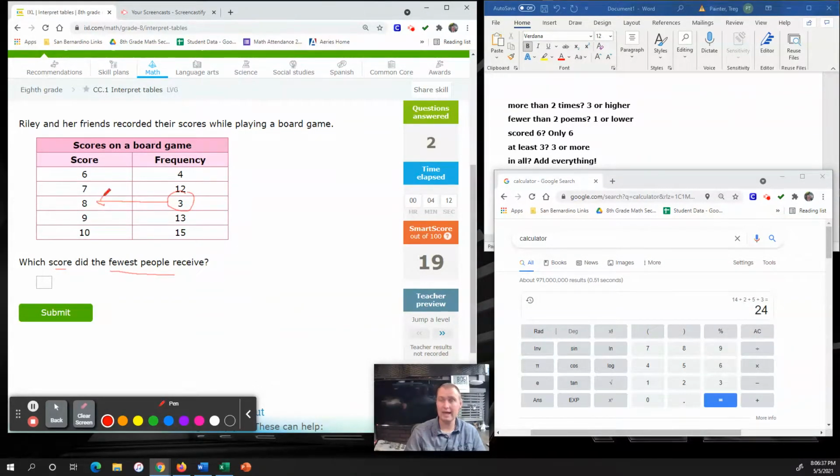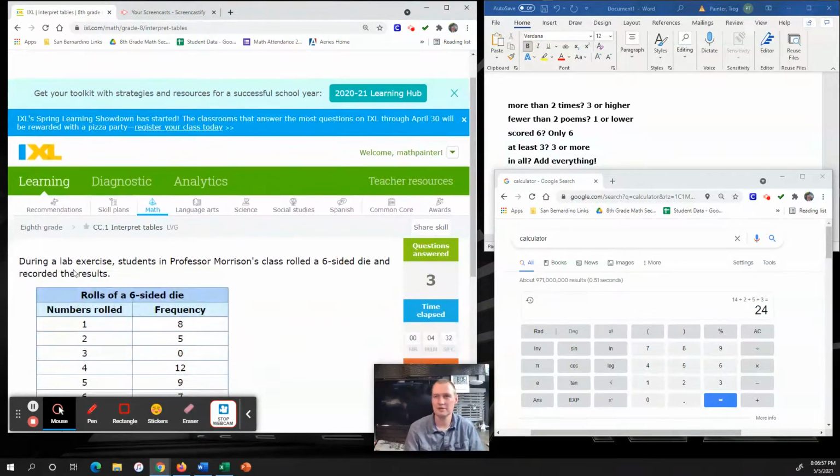Therefore, the 8 was the least common score the students got. Riley and her friends were unlucky to get 8 because it only happened 3 times. So the answer here is 8. Kind of tricky, but just read through it so you can be brilliant.